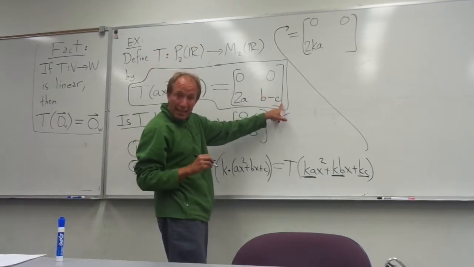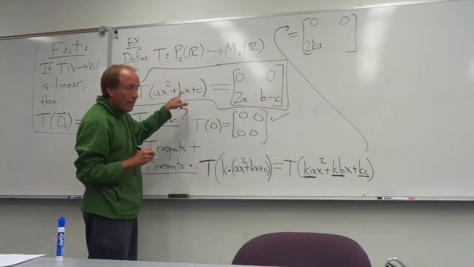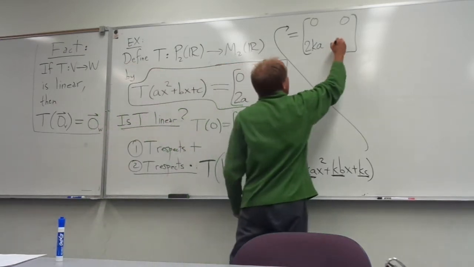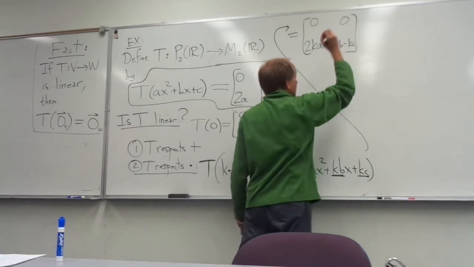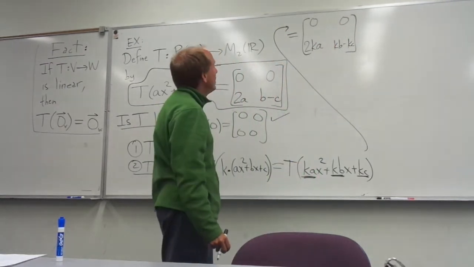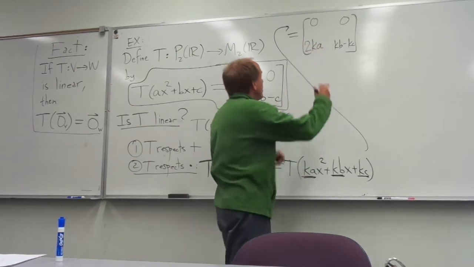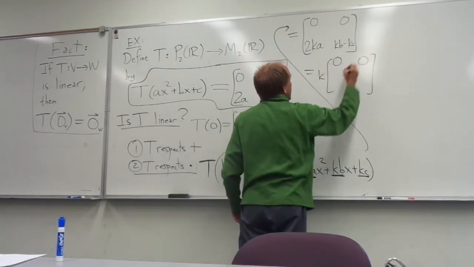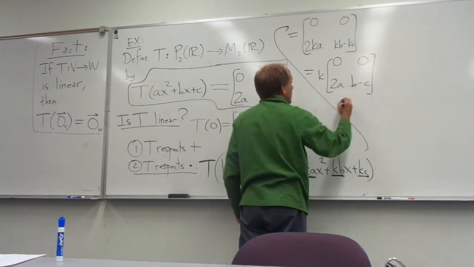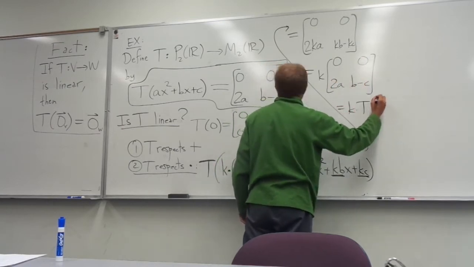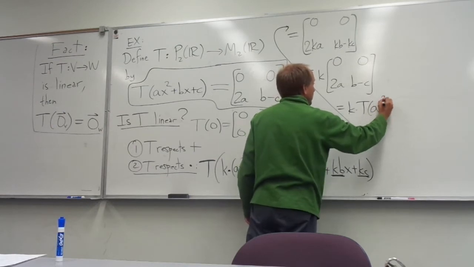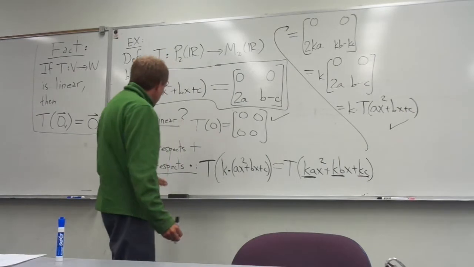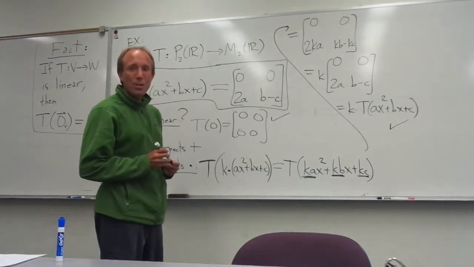B minus c. Well, that really just means the x coefficient minus the constant coefficient. So that would be kb minus kc. What you'll notice here, guys, is that you can actually pull out the factor of k. If you pull out the k, look what you get. You have the k on the outside, and you're left with just what T of ax squared plus bx plus c is supposed to be. T does respect scalar multiplication.